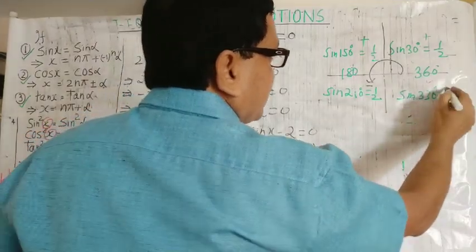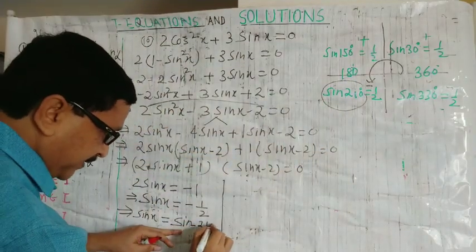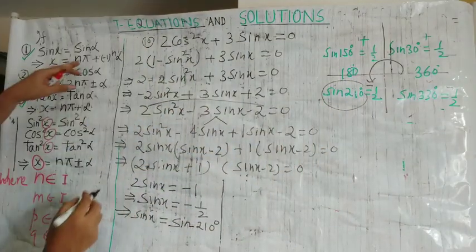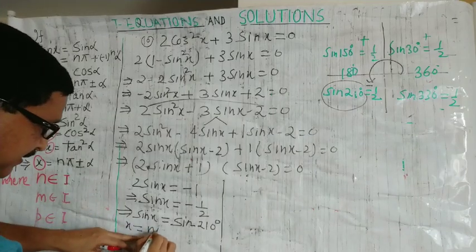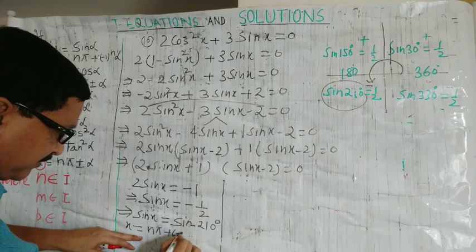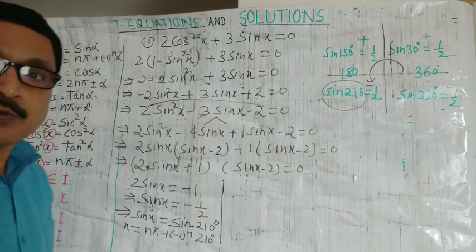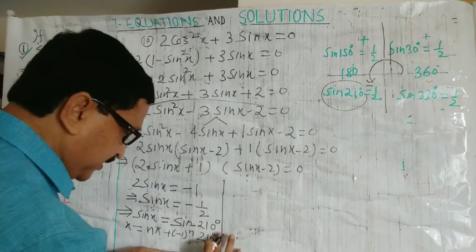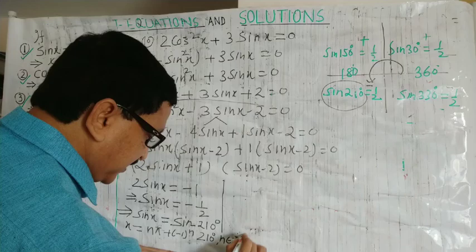Both are minus. So this is 210. So sine 210. After that you can use this formula: x is equal to n pi plus minus 1 to the power n, alpha is 210, where n is a member of integers. So this answer is over.